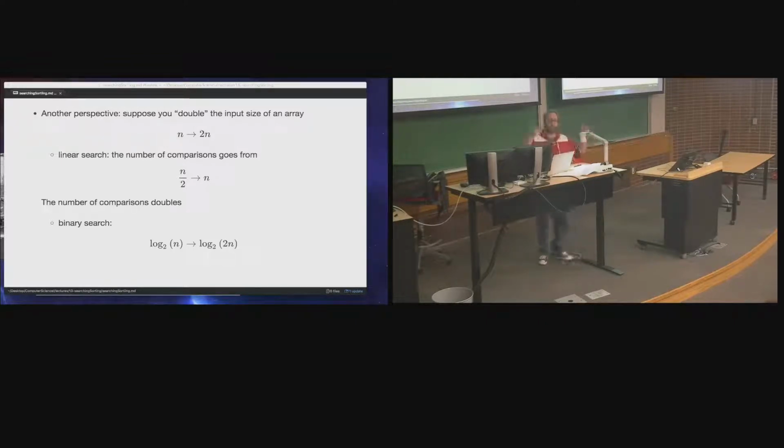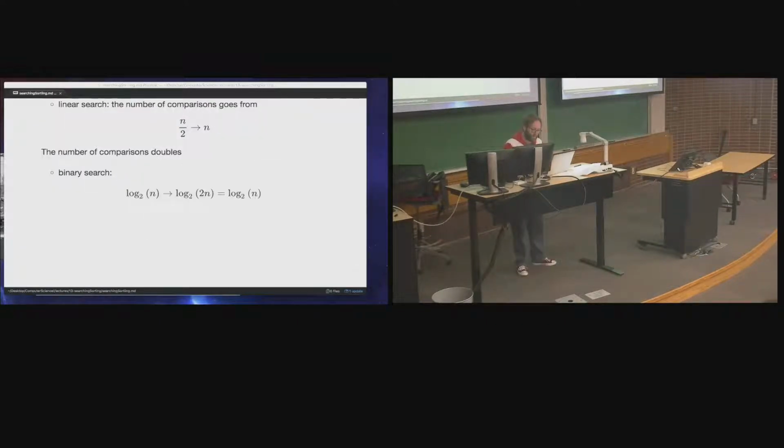You split it up into 2 logs, and it's going to be the addition. So this is equal to log base 2 of n plus log base 2 of 2. What happens to that log base 2 of 2? It's just 1. So this is equal to log base 2 of n plus 1.